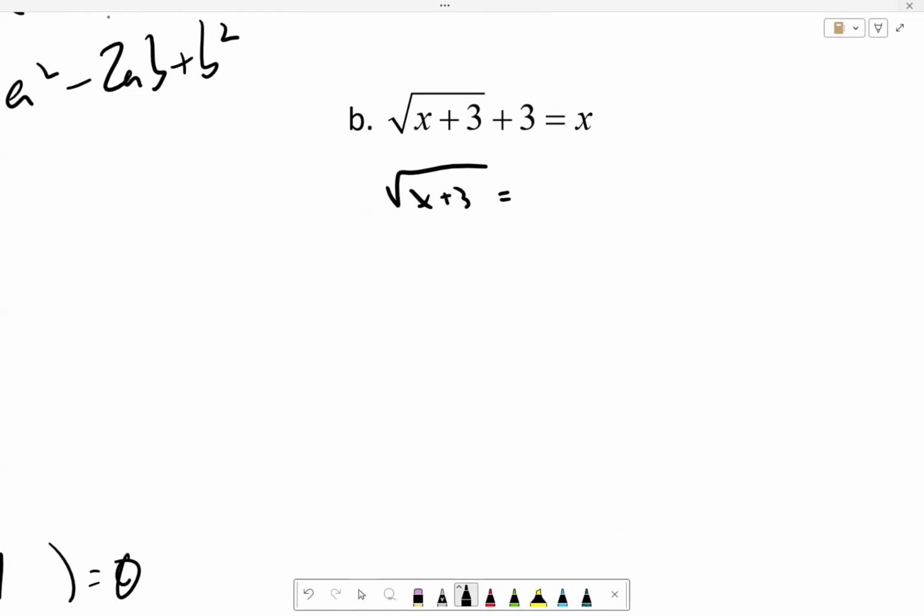Okay, so we get x minus 3 plus 6 equals 0.